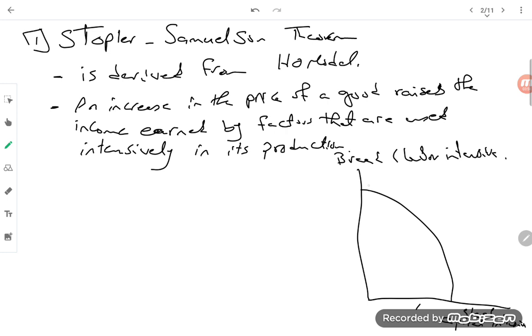So as we move along the x-axis, more capital is required. As we move along the y-axis, less labor is required.